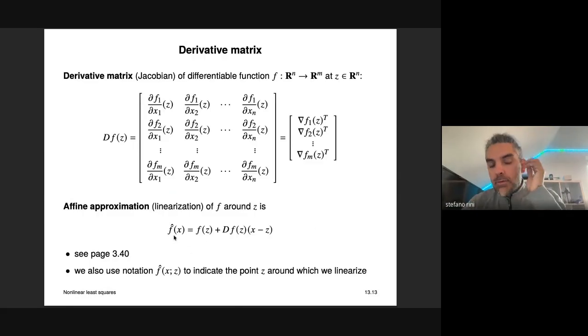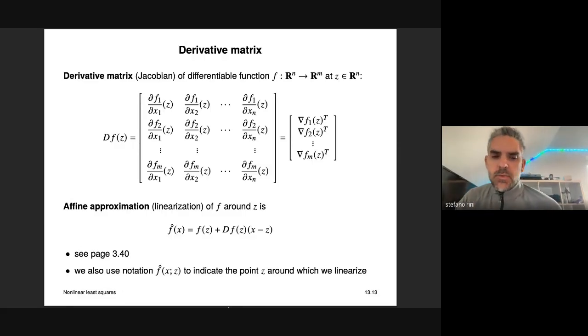So now we have to work out the dimensions. This f of z is a column vector of dimension m, and this is a matrix which is m times n. We multiply by a vector which is n times 1, so this is a vector of dimension m. So everything works out very nicely.